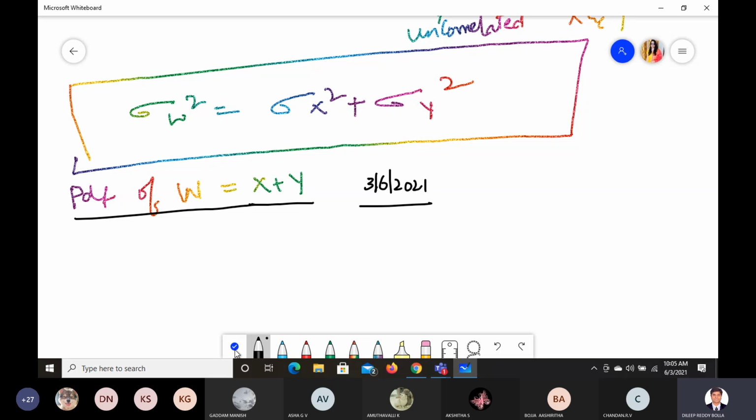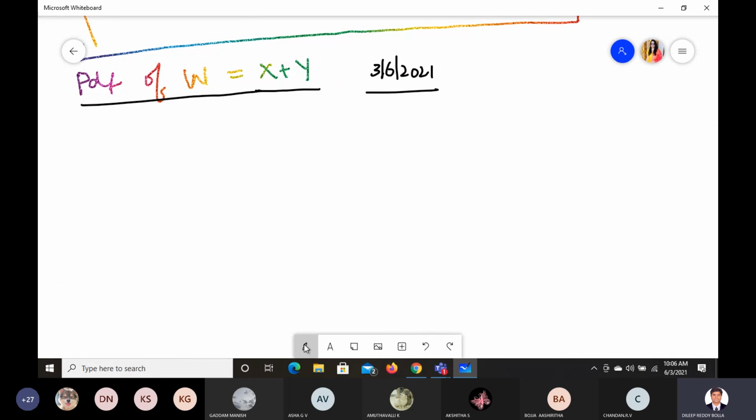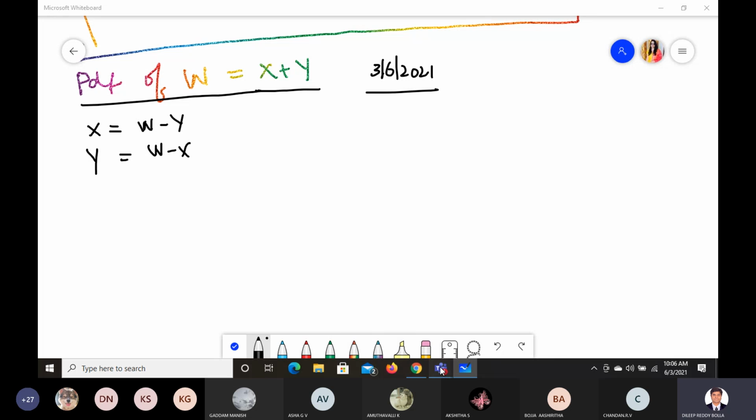The basic idea is, we know that w equals x plus y. Similarly, from this expression, x equals w minus y, and y equals w minus x. So this is the understanding that we have.